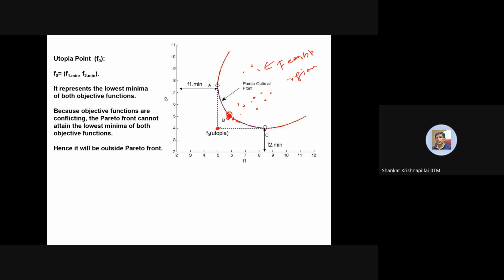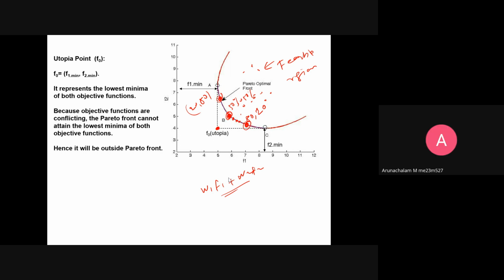That I'll teach you later: the effect of giving W1 F1 plus W2 F2. That's another method that we'll study later, the weighted objective function.